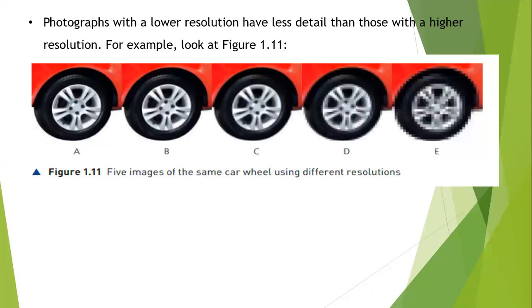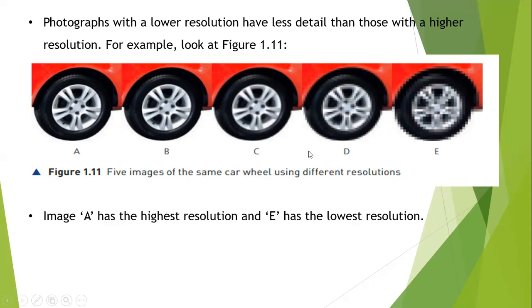The most fuzzy picture is E, D is better than E, C is better than D, B is better than C, and A is the most recognizable picture. As you increase your color depth or bit per pixel, the picture will be clearer and have better quality.